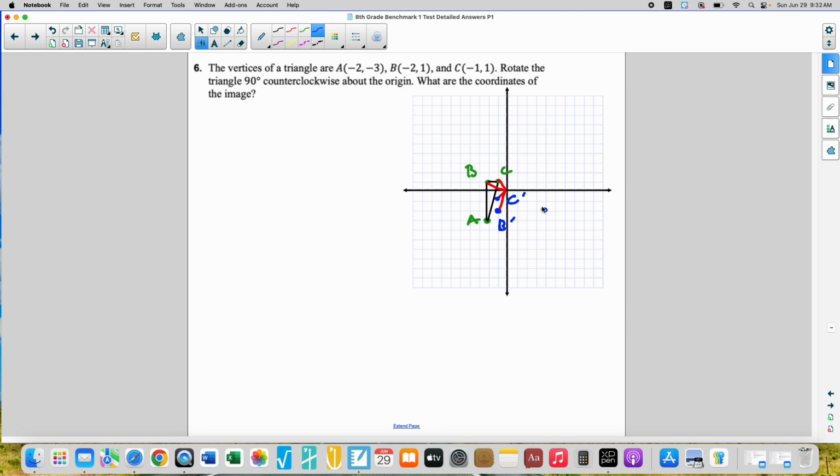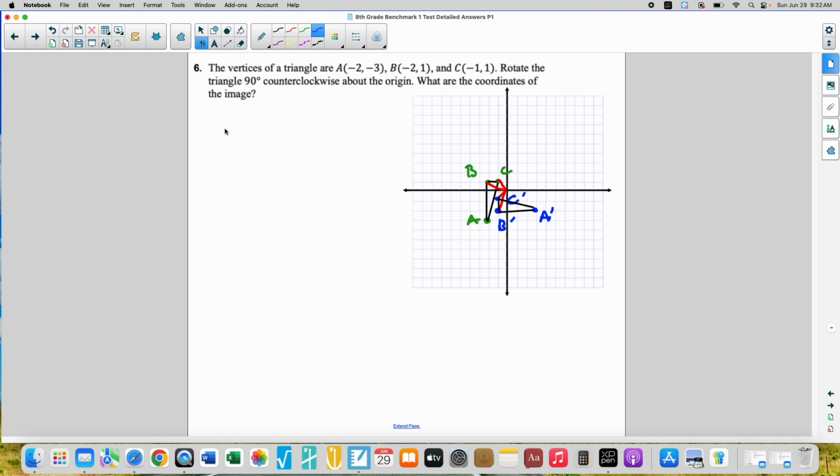And A prime, that's too far out. It's one off. It's going to be here. And if we drew a red line, you'd notice it's still 90 degrees. So if we connect those dots, you get that same shape, just rotated 90 degrees around the origin.